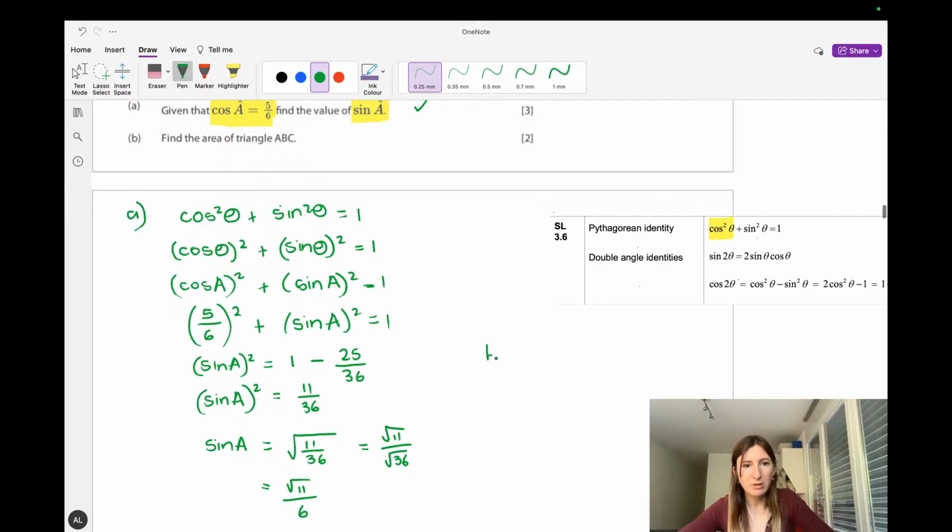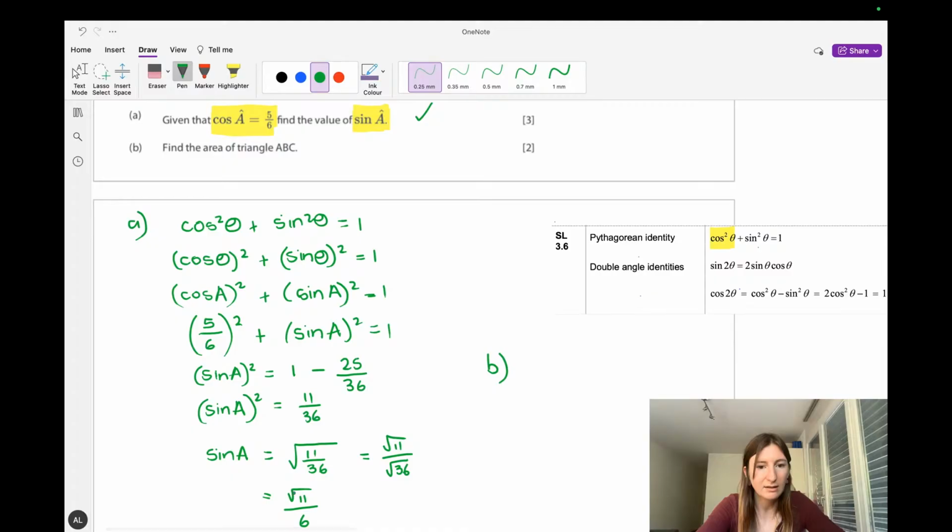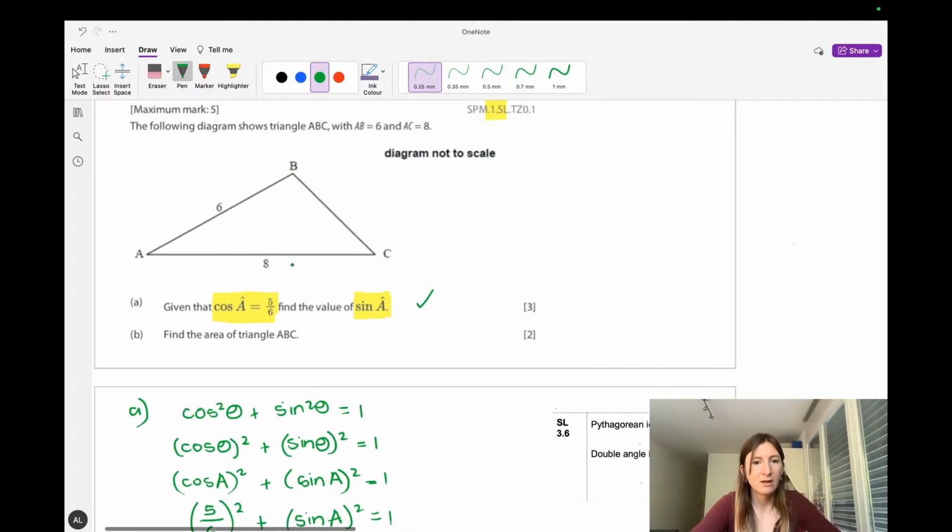Now question B, find the area of triangle ABC. So we've got sine A is root 11 over 6. So here, our angle, we're not sure, but let's just write sine for now.